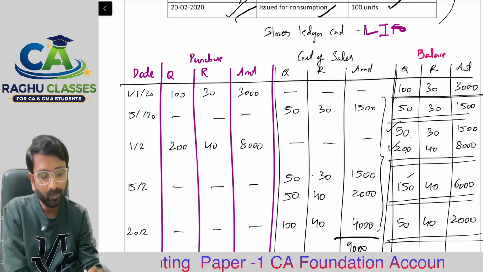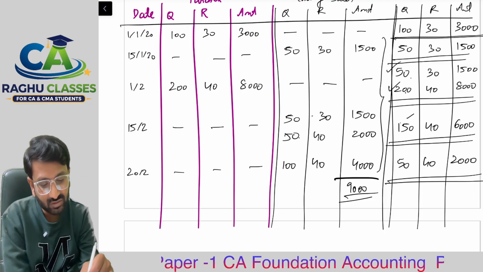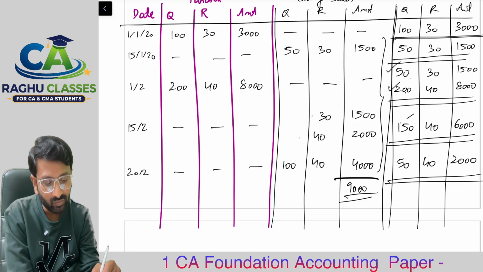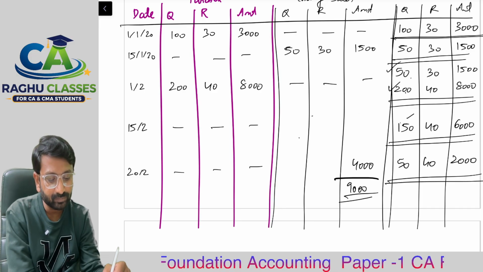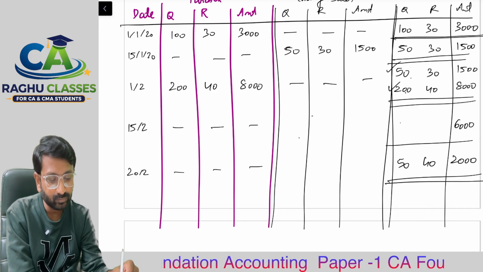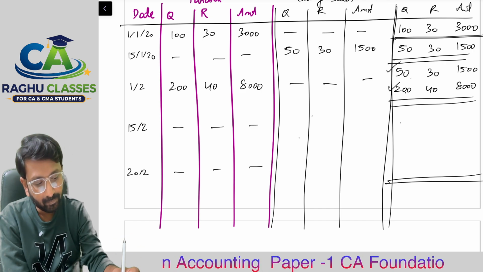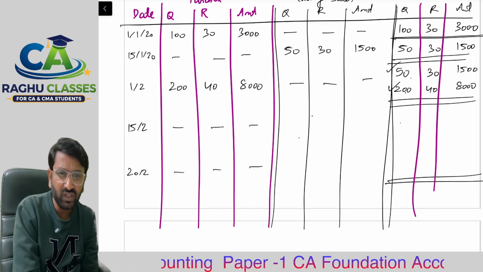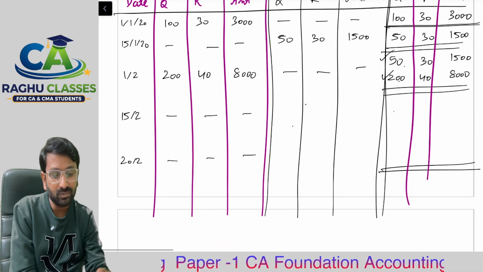So can we say first two transactions? No, first three transactions are going to be the same, not much difference. We'll directly discuss from transaction number 4. If you look at transaction 4, on 15th of February, 100 units are issued for consumption.